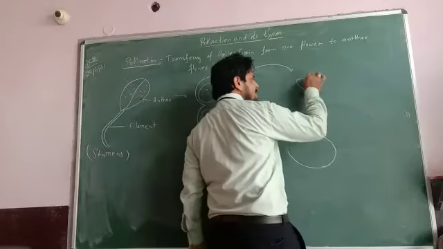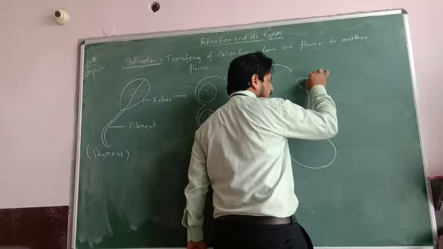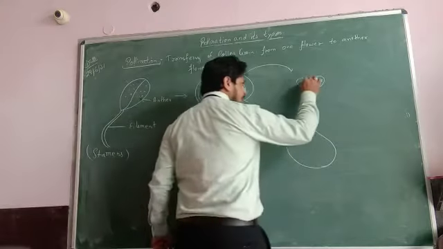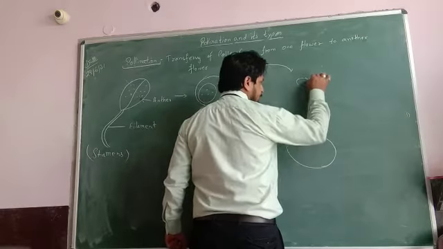Which part? That is the stigma. After the pollen grains stick on the stigma, a pollen tube is formed.